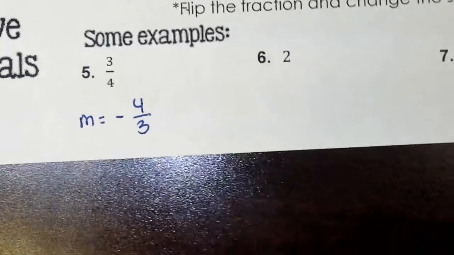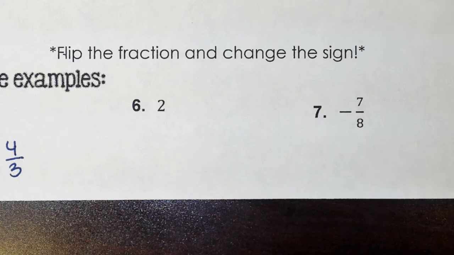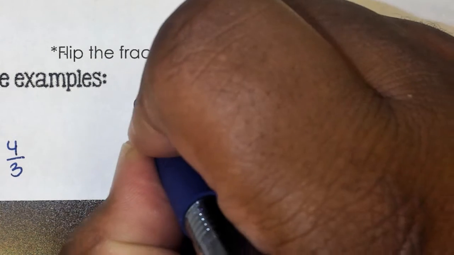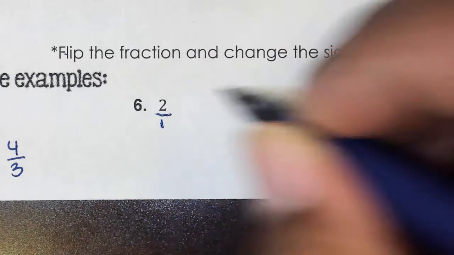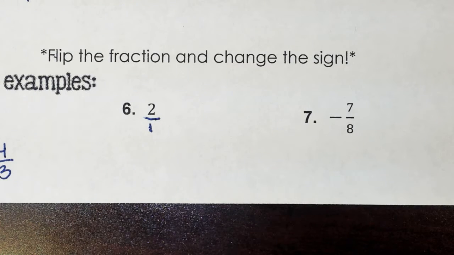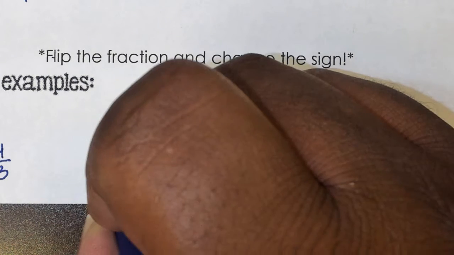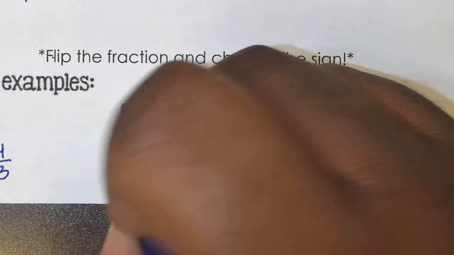My slope is 2. But if I was to write that as a slope before I graph a line, it's really 2 over 1. With whole numbers, I usually put a 1 under them just so I know. My negative reciprocal slope for that would be what?